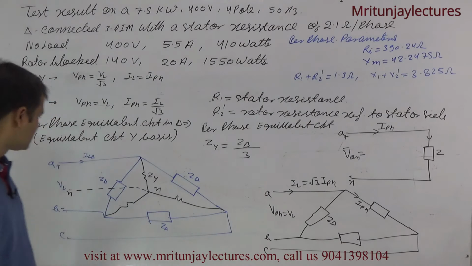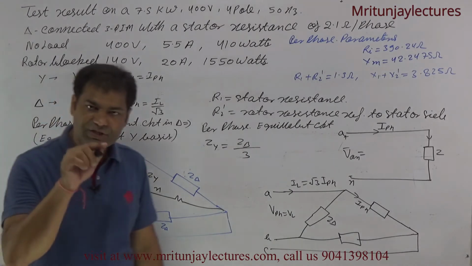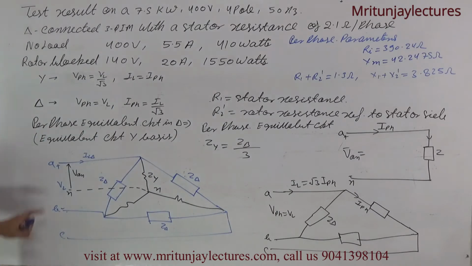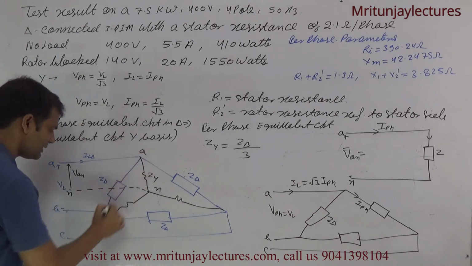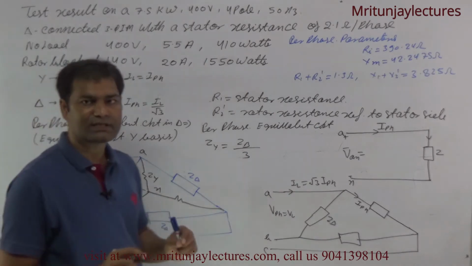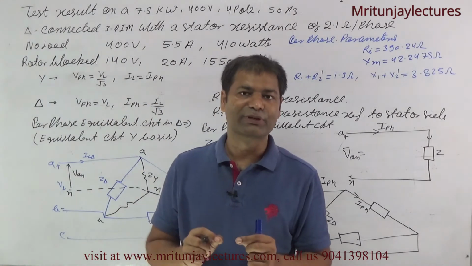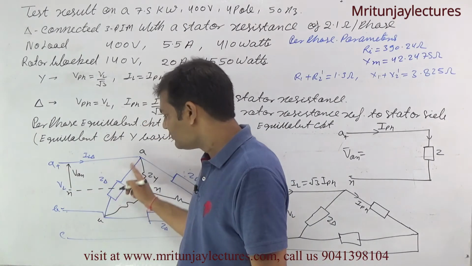Now this voltage is also written as V of An. This voltage is per phase voltage of star connection, and this is also star AB, that is A, this is also A, and that is also B. AB is the line voltage of star, so that is also VL.